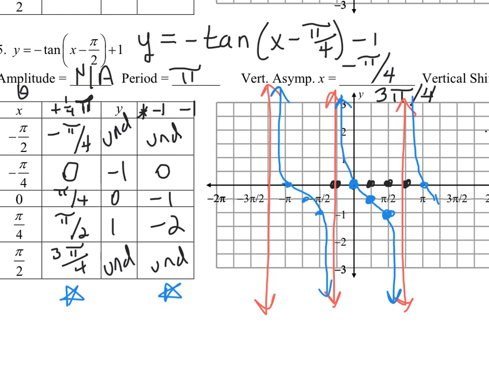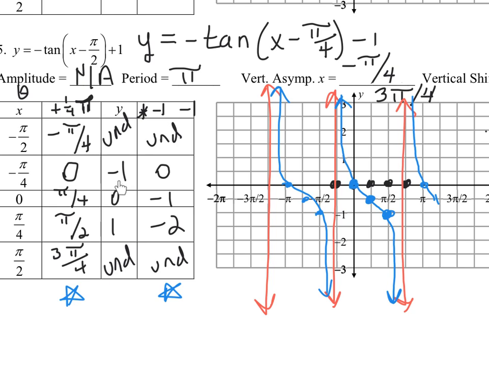The next thing I did was look to see what kind of changes I had to my y value or my tangent value. So I have a negative sign here, which means I'm multiplying everything by -1, and I'm subtracting 1. So I come over here to my values for tangent, which are undefined, -1, 0, 1, undefined, and I make these changes.